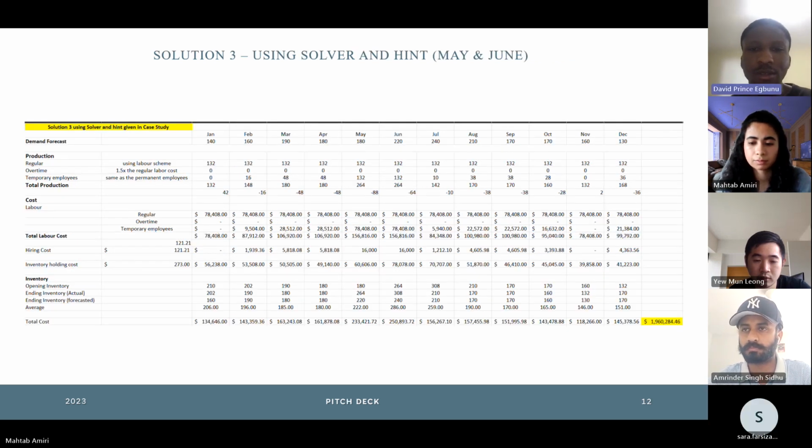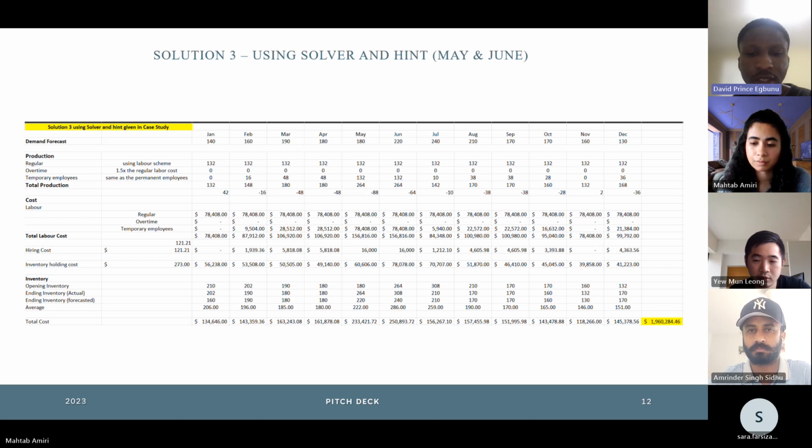Okay, hello everyone. In solution 3, we took into consideration using the solver to find the minimum cost aggregate production plan, with a regular labor scheme of 40 hours. And we considered using the hints given to us.